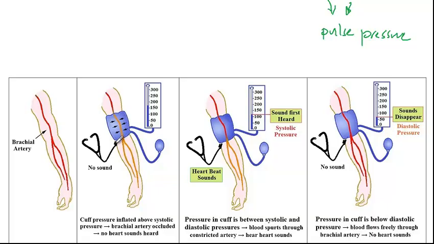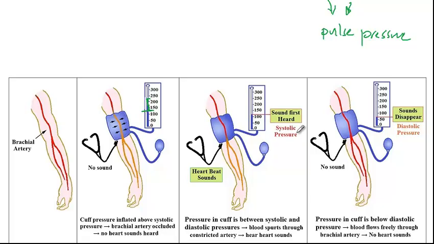So when you're listening with the stethoscope, you don't hear any sound. Now you slowly release air from the cuff, and the pressure keeps dropping until you reach a point where you start to hear the heart sound, because now the blood can pass through.